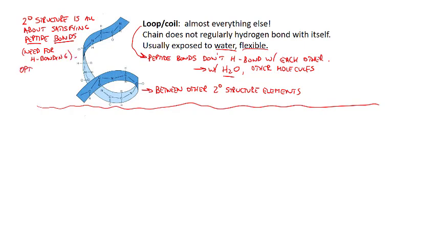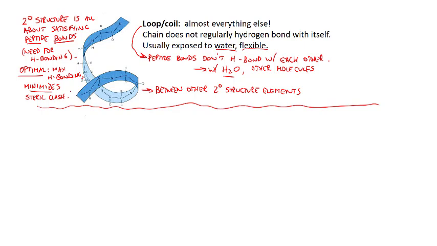And remember, the optimal secondary structure is the one that maximizes hydrogen bonding between the peptide bonds while minimizing steric clash. And what that optimal secondary structure is going to be really depends on the protein. It depends on your amino acid sequence. It depends on your amino acid content. It depends on a lot of things.